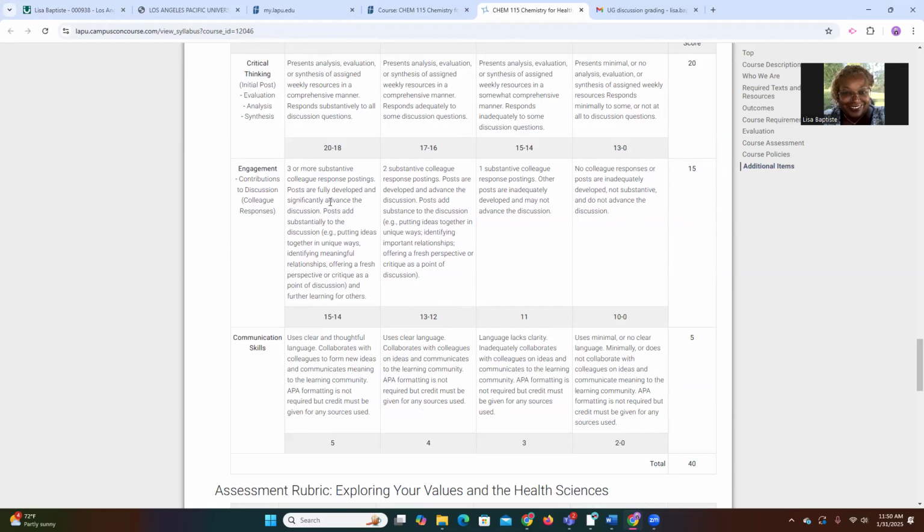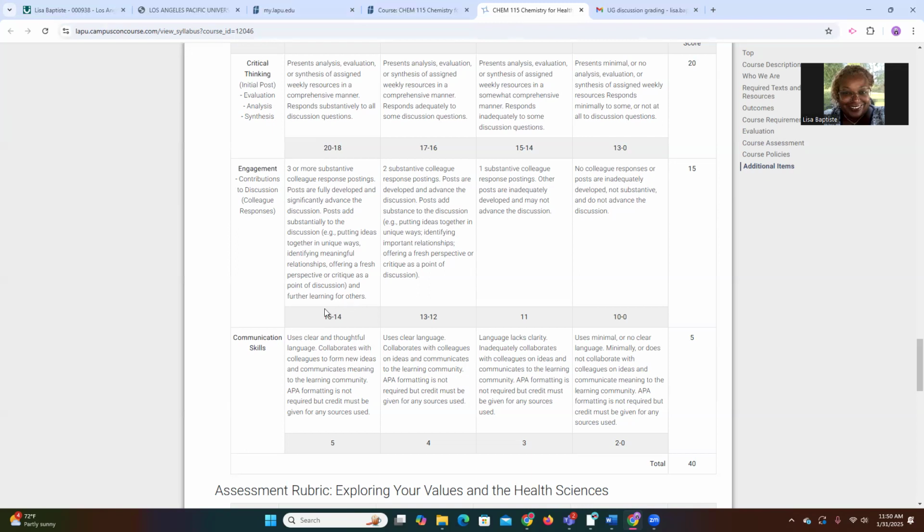The posts are fully developed and significantly advance the discussion. The post adds substantially to the discussion, putting ideas together in unique ways, identifying meaningful relationships, and offering a fresh perspective or critique as a point of discussion and further learning for others.